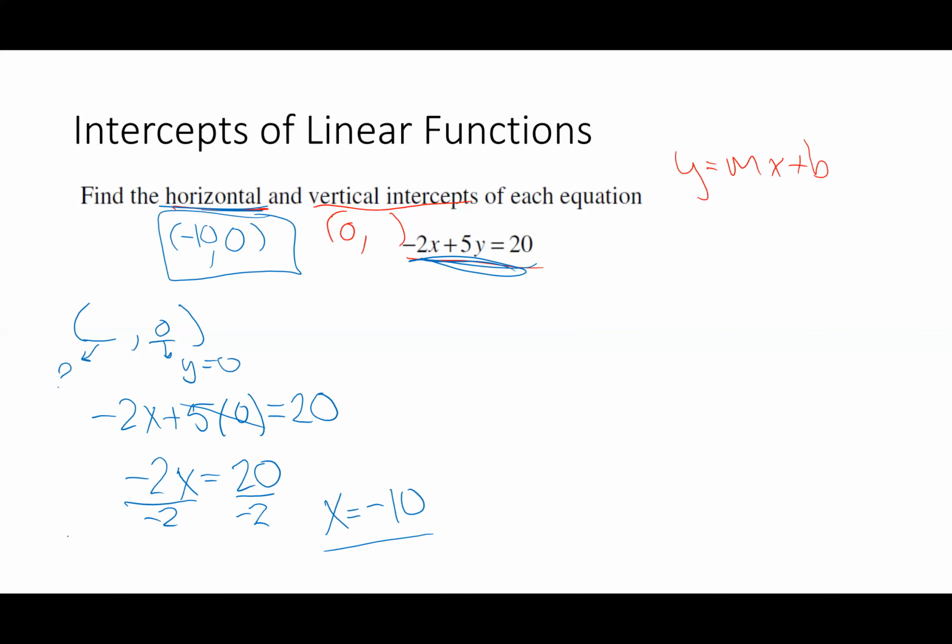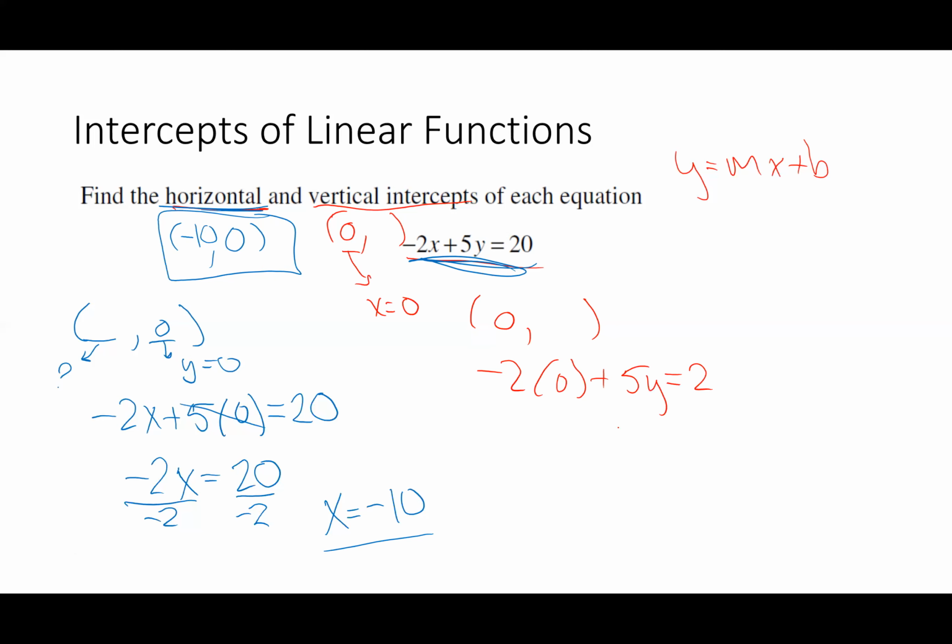And now I'm going to set out to find the vertical intercept. So here, x is 0. And so I'm going to use the same procedure as I did before. Okay, so why did my brain stop? Sometimes that happens.